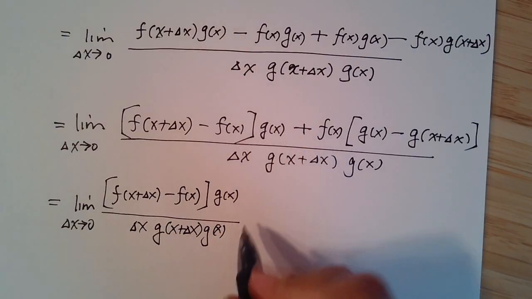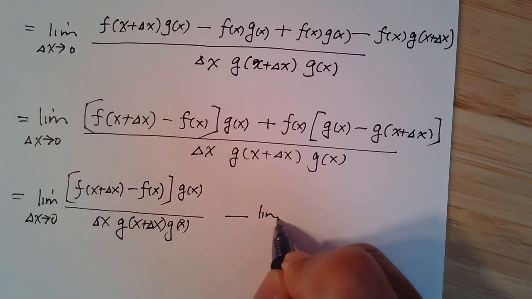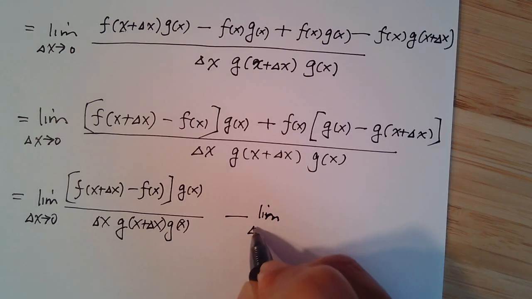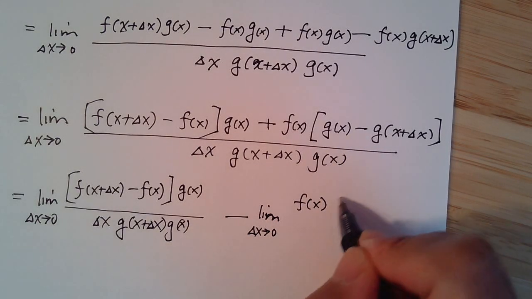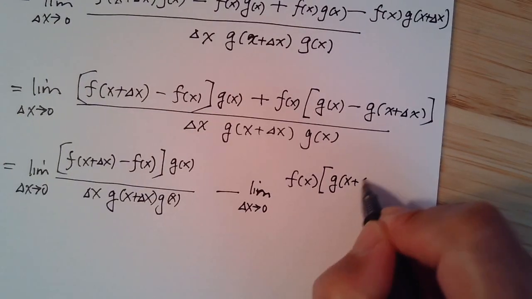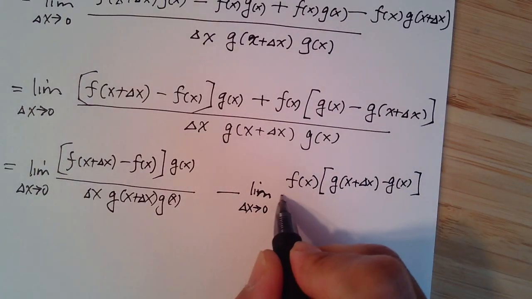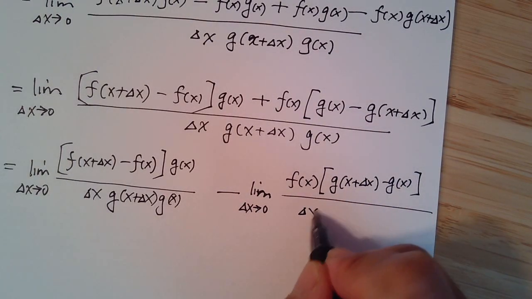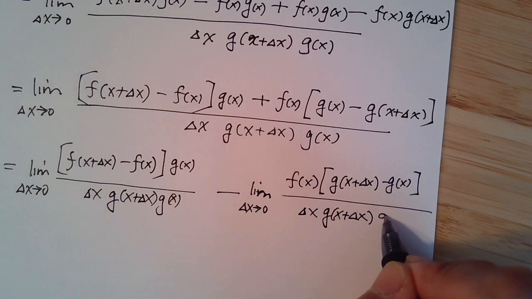And then I change this sign to be minus. Then I write limit delta x approaches 0. I change the order. So I have an f of x, and then inside I have g of x plus delta x minus g of x over delta x g of x plus delta x g of x.